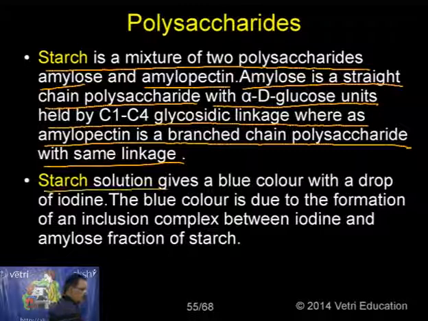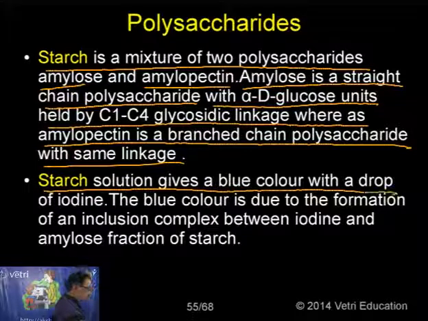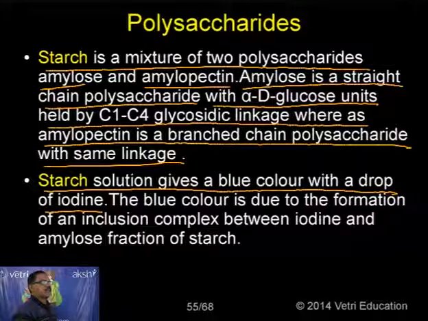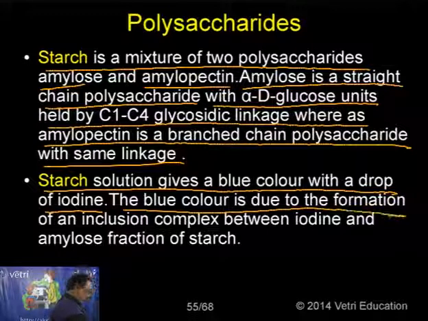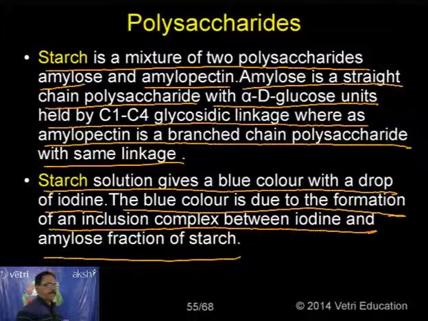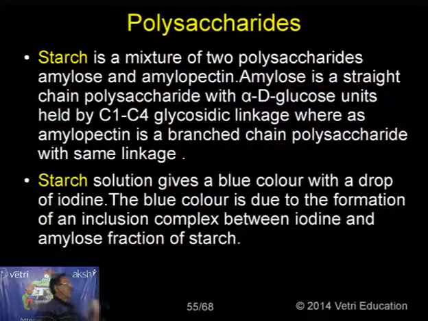Starch solution gives a blue color with a drop of iodine. So we can use it as an indicator in iodometry titrations. The blue color is due to the formation of an inclusion complex between iodine and the amylose fraction of starch. This is interesting information.